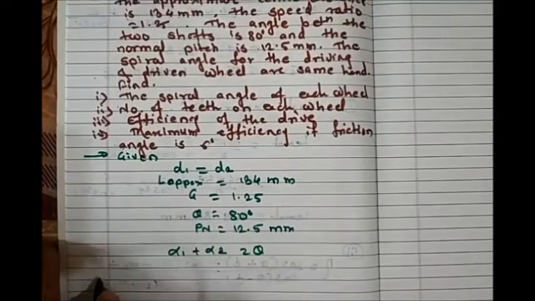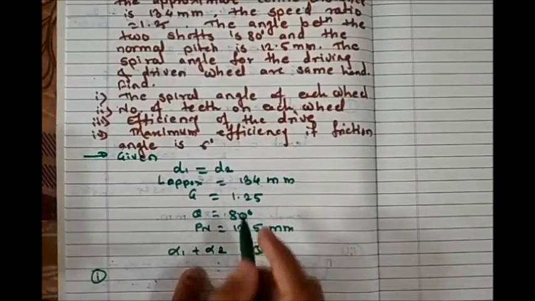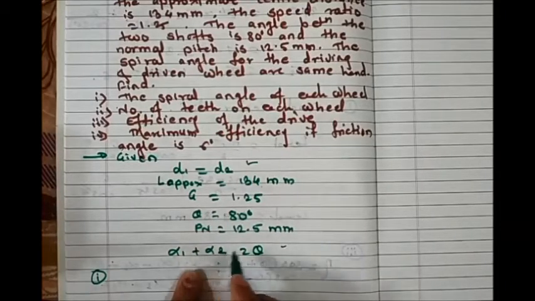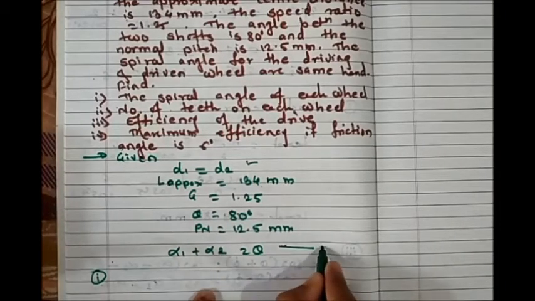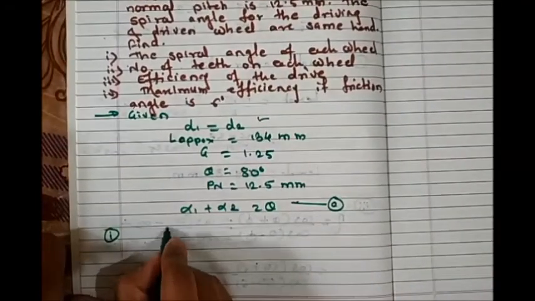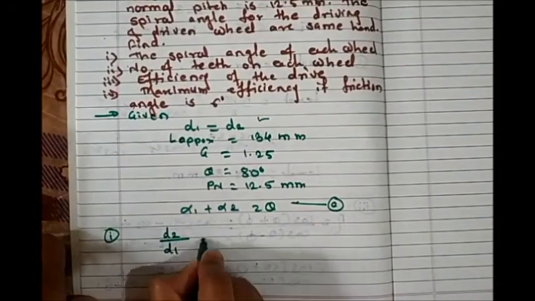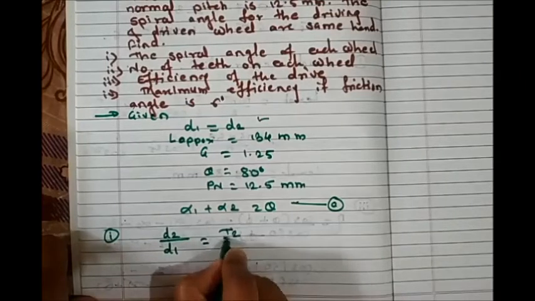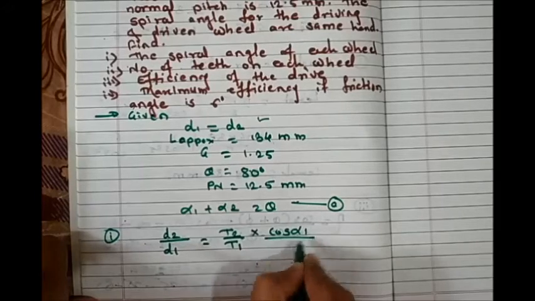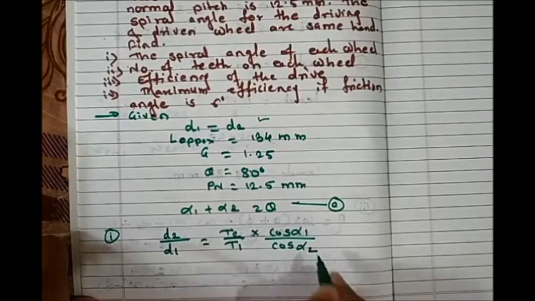Now to calculate firstly the spiral angle, here the given data is in terms of diameter and alpha 1 plus alpha 2 is equal to theta. Let us say this is equation A. Now we know the formula, that is d2 upon d1 is equal to t2 upon t1 into cos of alpha 1 divided by cos of alpha 2.